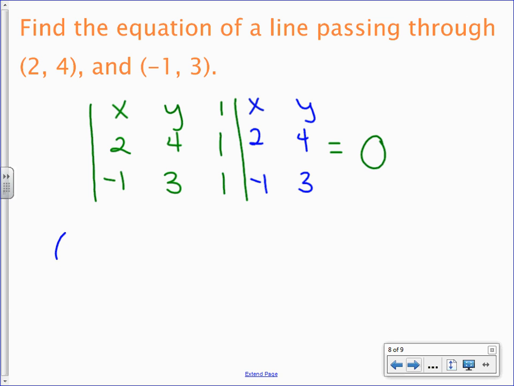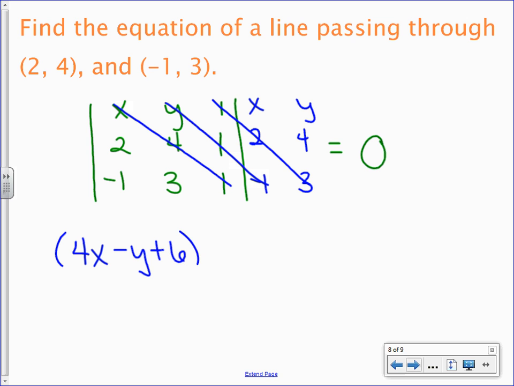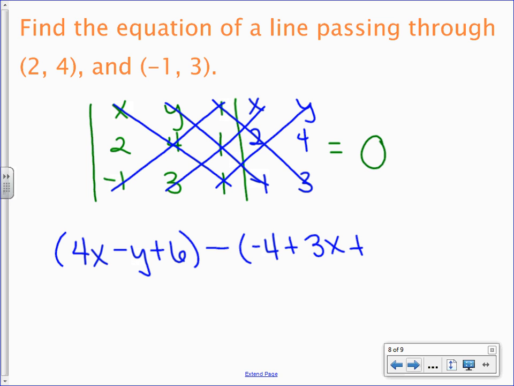Okay, so our first set of diagonals, we have x times 4 times 1 to get 4x. Y times 1 times negative 1, negative y, and 1 times 2 times 3. Okay, minus our up diagonals, negative 1 times 4 times 1, plus 3 times 1 times x, plus 1 times 2 times y.